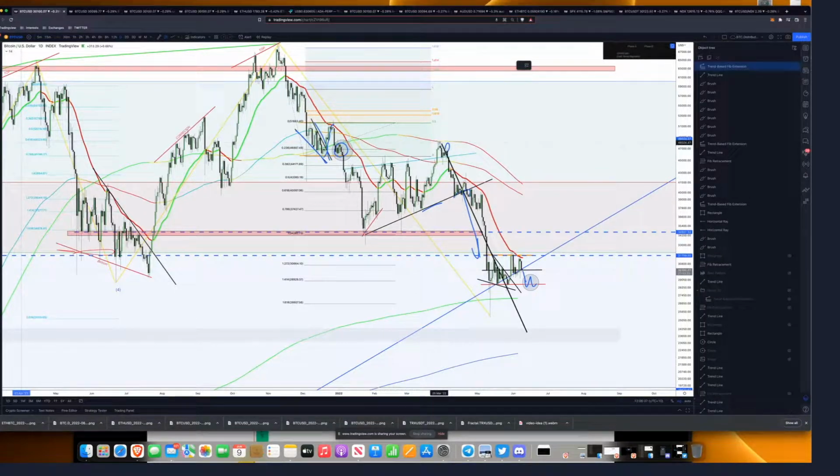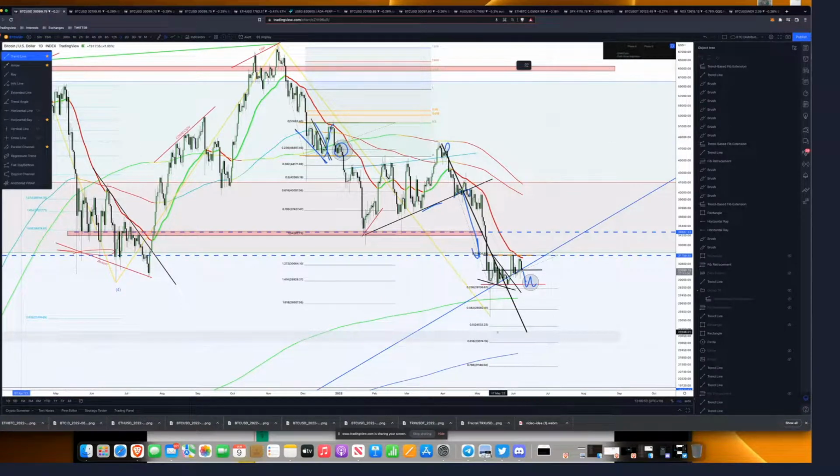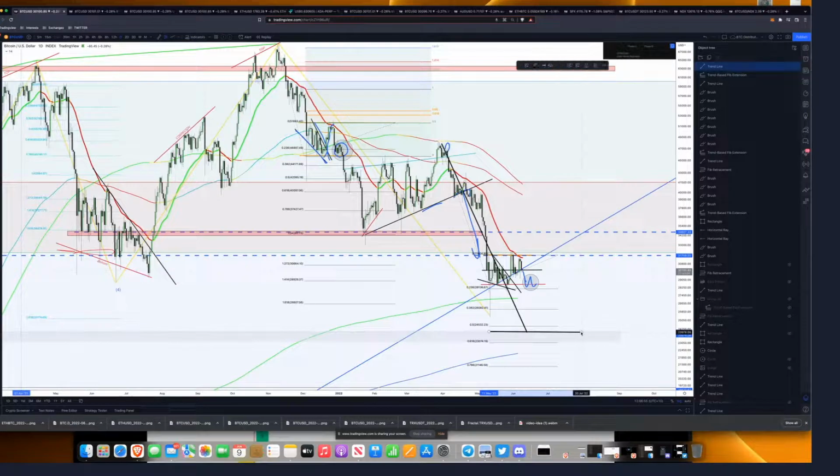From the swing high, swing low, and if this is our resistance, the 618 is here. So now the 618 comes into play. So we could potentially come to this range just using those two methods.